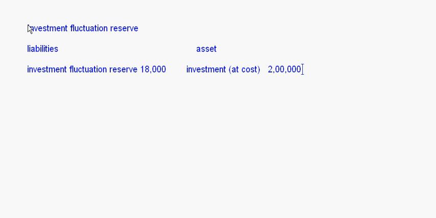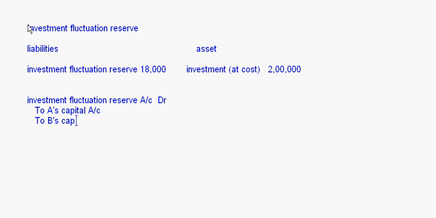Fine. Okay. Now if nothing is given, no other information is given, in that case this investment fluctuation reserve will be distributed among the partners like investment fluctuation reserve account debit to A's capital account, to B's capital account, to C's capital account.